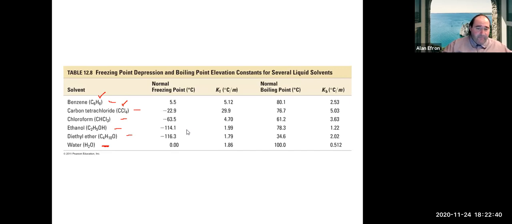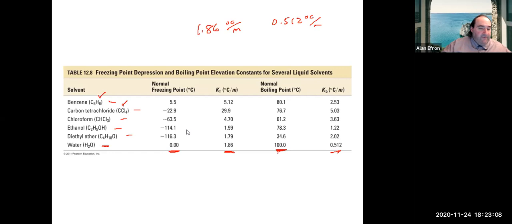And for our water, our normal freezing point is 0. The Kf value is 1.86, which you see a lot, 1.86. And the units here are degrees Celsius over molality. That is for our freezing point, while our boiling point for water is 100 degrees Celsius. That's where it normally boils. And that Kb is 0.512, also degrees Celsius over molality.